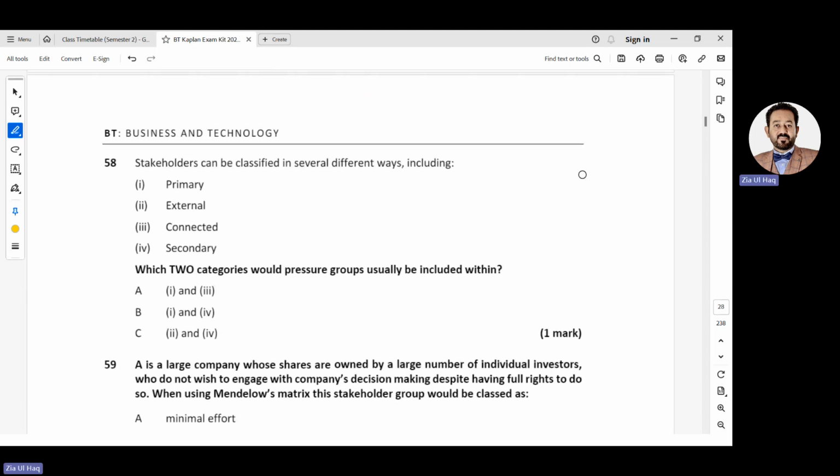Stakeholders can be classified in several different ways, including primary, external, connected, secondary. Which two categories would pressure groups usually be included within? Pressure groups are either external or internal.